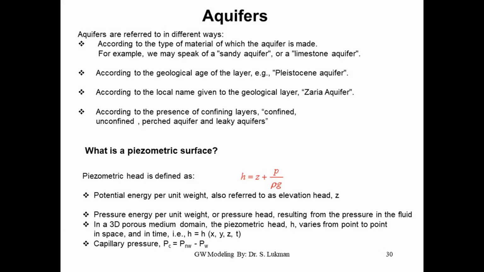Depending on the boundary condition, this may be zero if it's atmospheric, because we take it as the reference pressure, isn't it? Although in actual value, the absolute value is not zero, but we make it zero so that we can measure pressures above and below the atmospheric pressure.